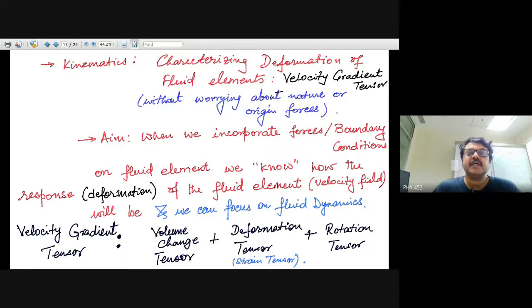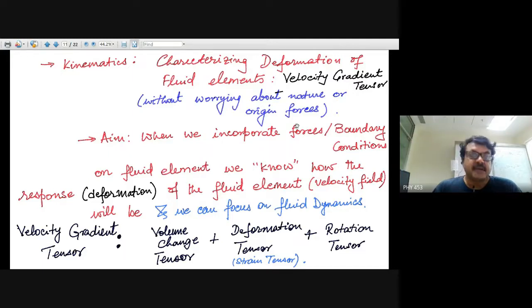We'll come to it. But note that in kinematics, we are not studying the full fluid dynamics problems. On the other hand, we are trying to characterize the deformation, the change in the volume element, shape element of the fluid on application of an external force, where we are not discussing the nature or the origin of the forces.